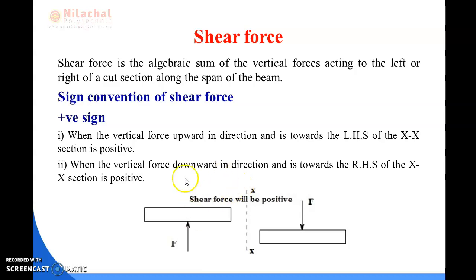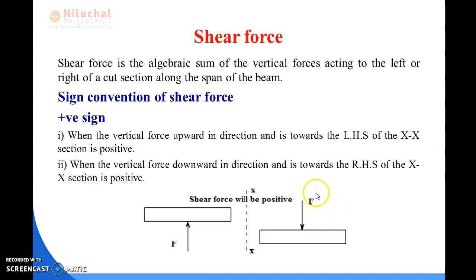So when this kind of force acts on a beam, that means at the right side of the section the force is downward, or at the left side of the section the force is upward, then the sign convention of the shear force is positive in nature. Here it is written that when the vertical force is upward in direction and is towards the left hand side of the XX section, it is positive.